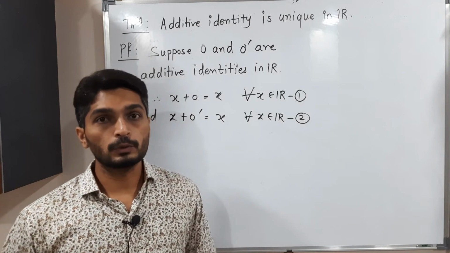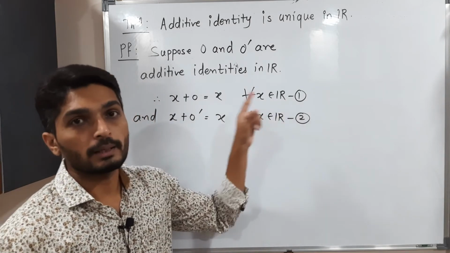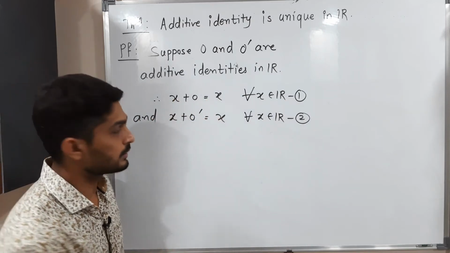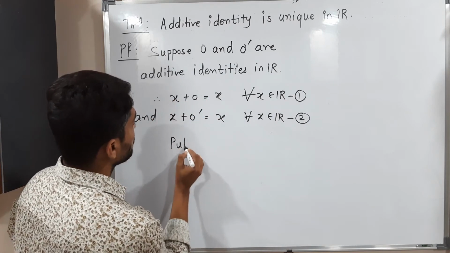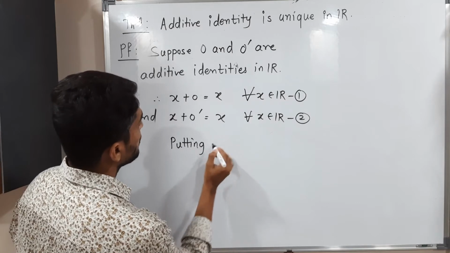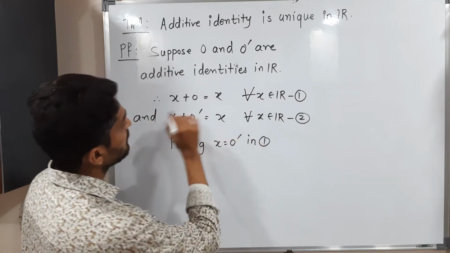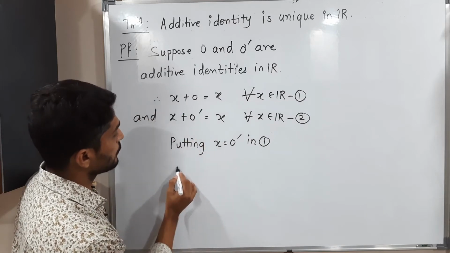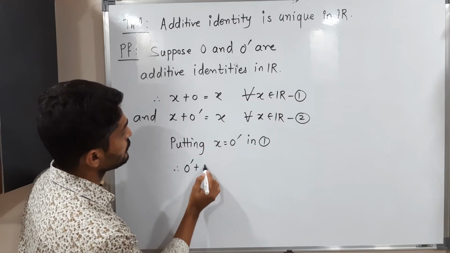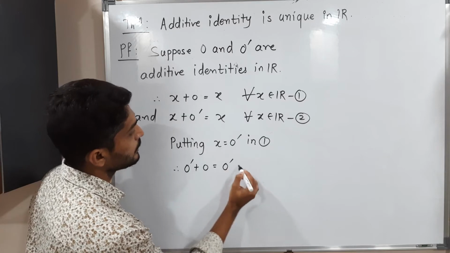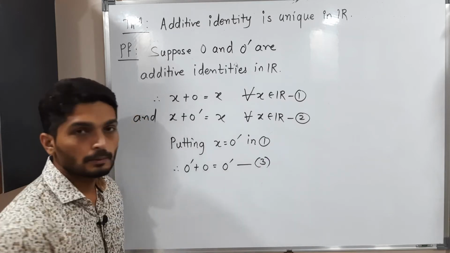In equation number 1, I am going to put x is equal to 0 dash. What will I get if I put x is equal to 0 dash? Therefore, 0 dash plus 0 is equal to 0 dash. Equation number 3.